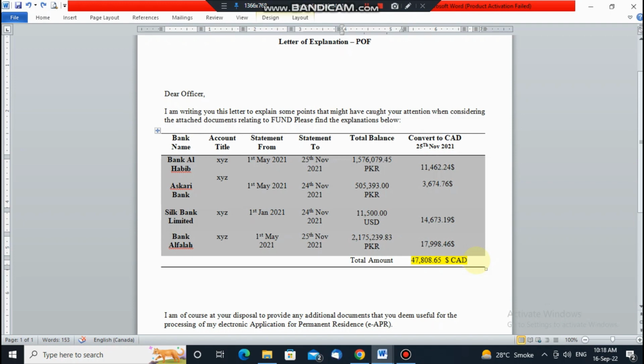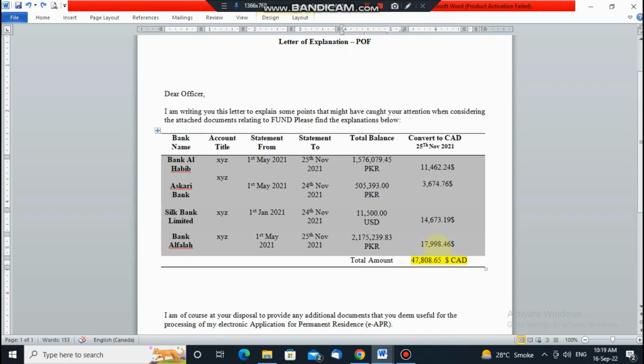You can show every account, and if you want to hide some accounts, you can hide them. But I suggest if you have a little amount in other banks, you can show it, because the threshold amount is bigger, and if your currency depreciates, it will cover up, so it will be fine.